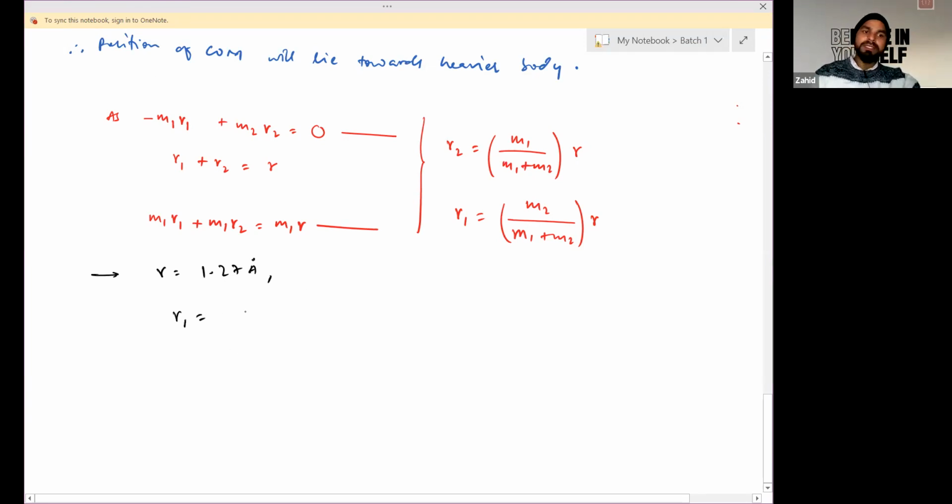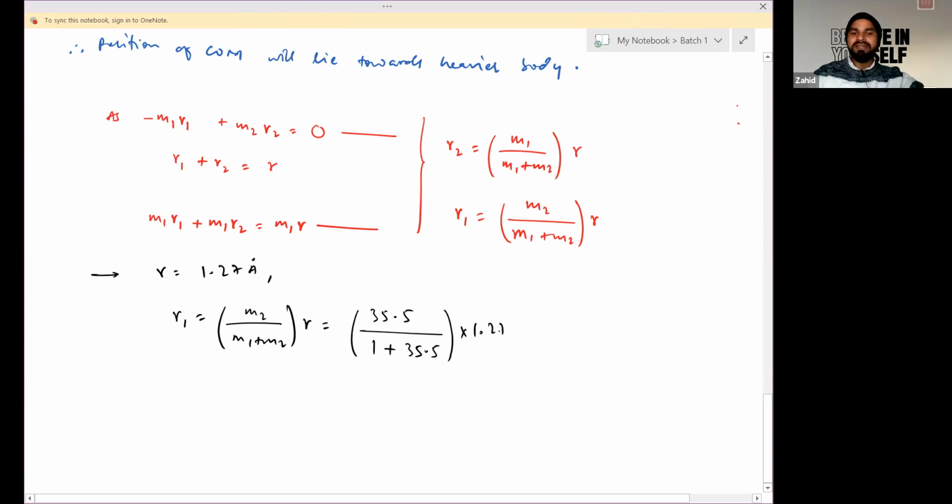So R1 will be M2 divided by M1 plus M2 times R. M2 was 35.5, that is mass of chlorine. M1 is 1, plus M2 35.5, and the whole multiplied by 1.7, and it should be 1.24 angstrom. Is it clear?